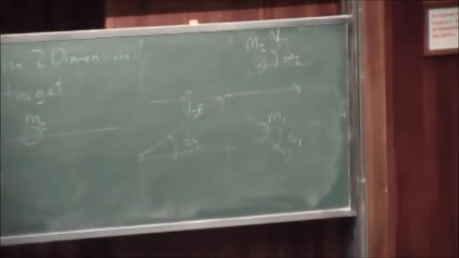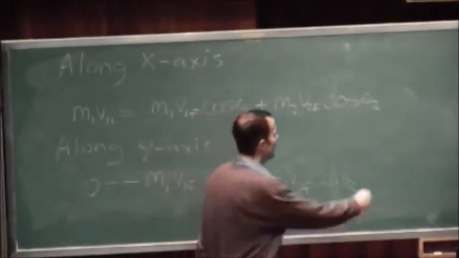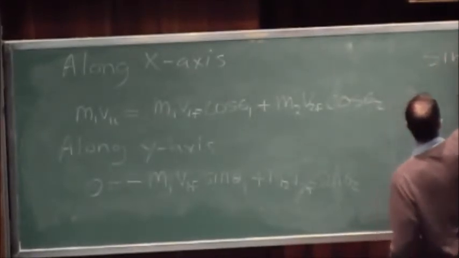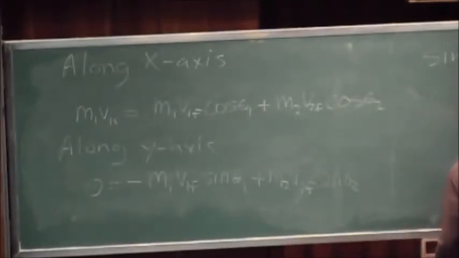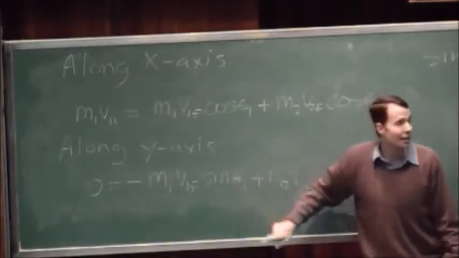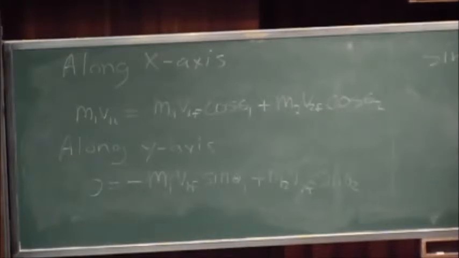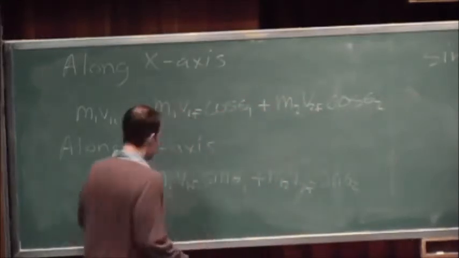So I'm going to get minus M1 V1 final sine of theta 1 plus M2 V2 final sine of theta 2. And just remember, so here's what I was saying earlier: the sine of minus theta is equal to minus the sine of theta. That's all that is meant there. So I'm just taking the magnitude of sine theta 1 here and using that in this equation.